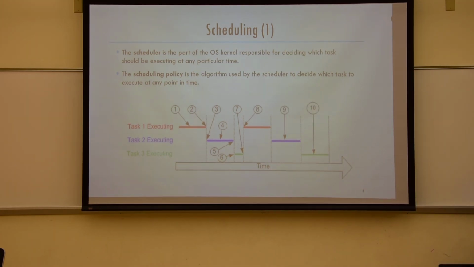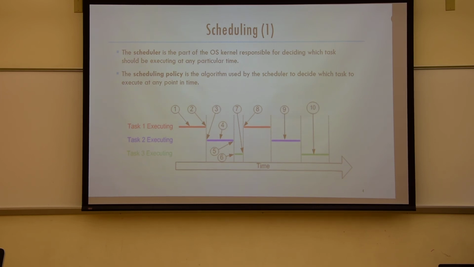Task 2 is resumed in moment 3, and say while task 2 is executing, it locks a processor peripheral, for example for its own exclusive access. That happens in 4. And the kernel suspends task 2 again at moment 5. And at moment 6 it resumes, say, task 3.